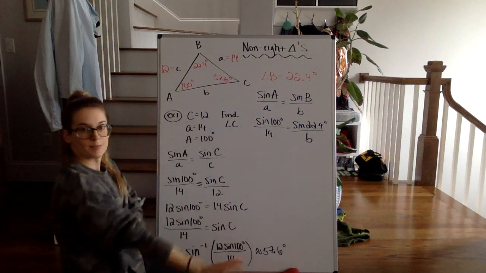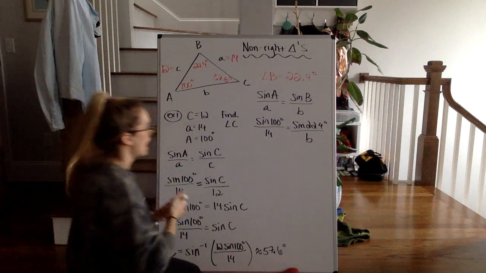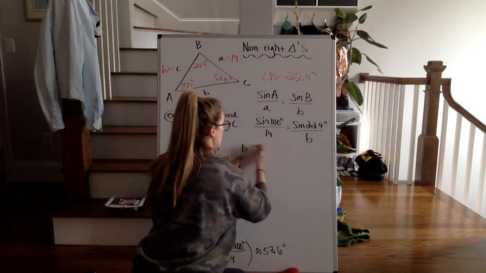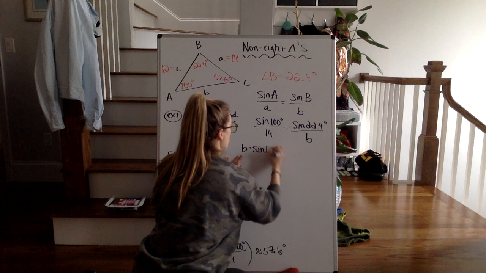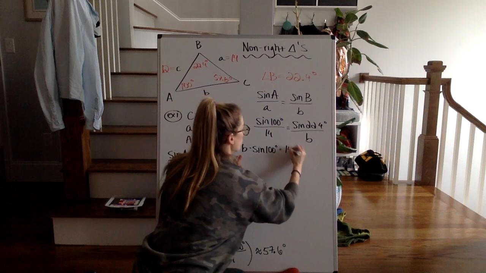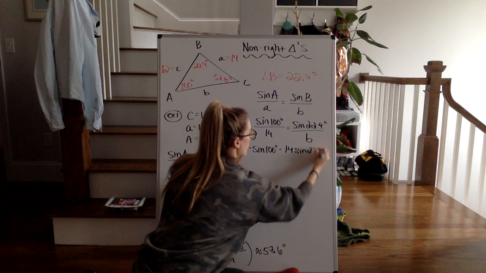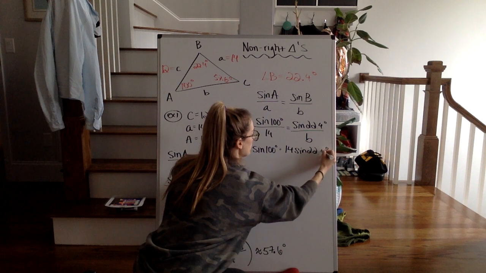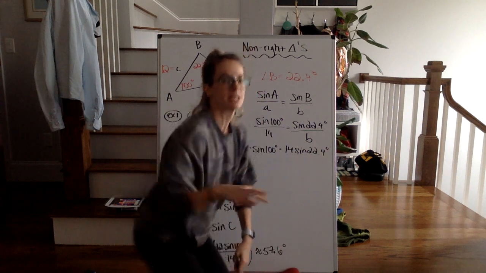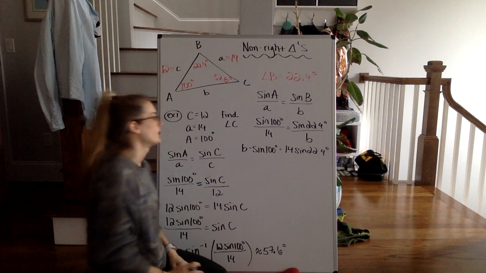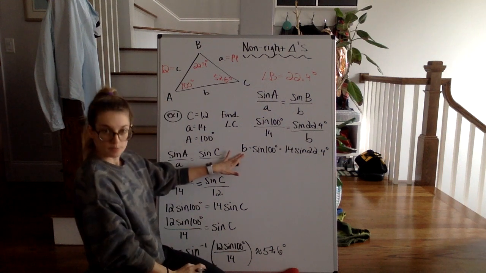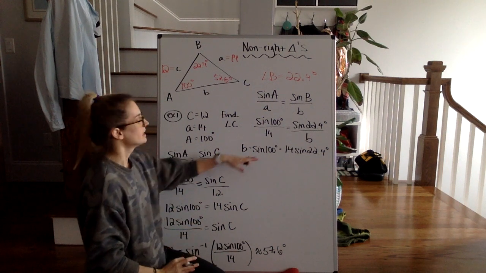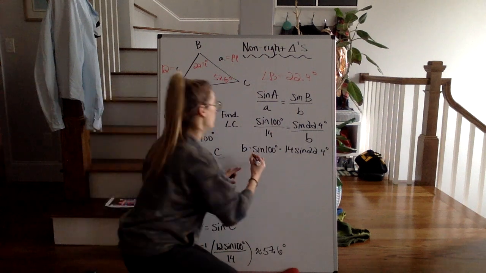All right, so we're going to solve for little b. So we're going to cross multiply, solve a proportion. So I know that B times the sine of 100 degrees will equal 14 sine of 22.4 degrees. And again, I'm just going to keep this exact as I go. I'm not going to approximate till the very end. We're trying to solve for B, isolate it on one side, divide both sides of this equation by sine of 100.